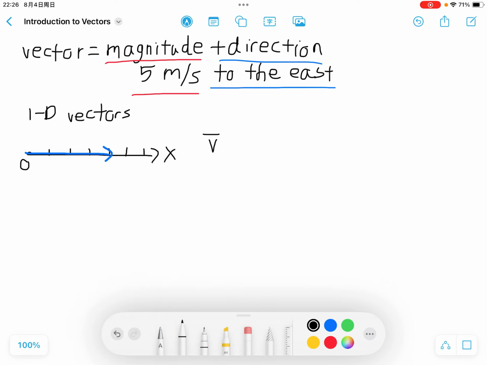Or you can say we start at point A and we end at point B. So we can say vector v or vector AB. Now this arrow here indicates which direction we're going. So vector AB is not equal to vector BA. These are not equal because the direction is different.